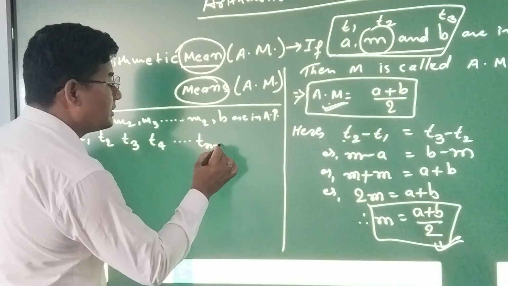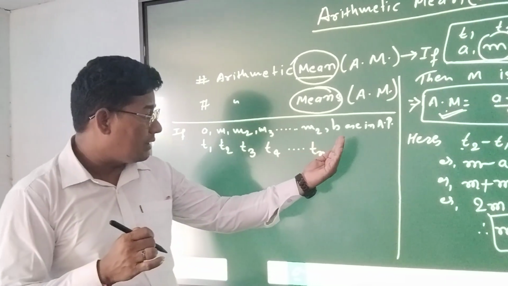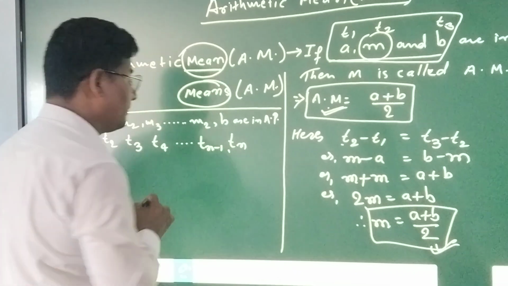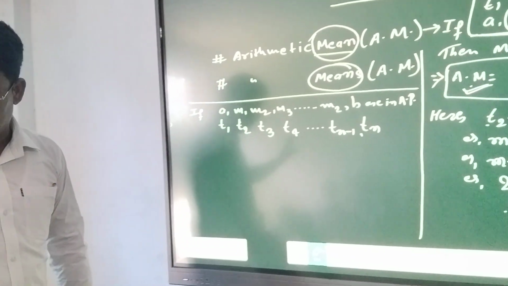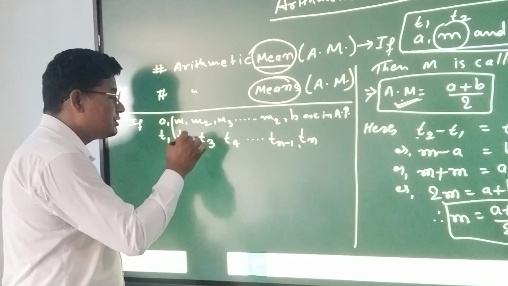Tn minus 1 is the term one before the last term, and Tn is the last term. Understand? The second term is the first mean.